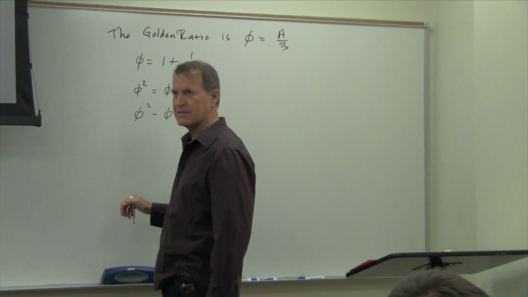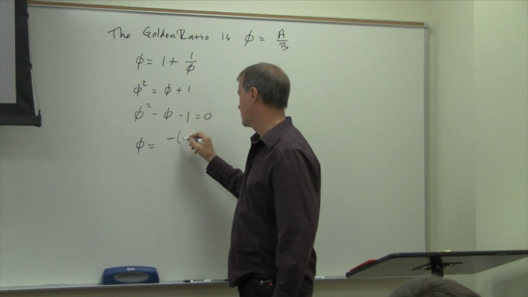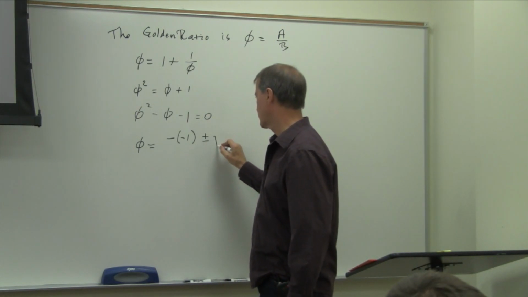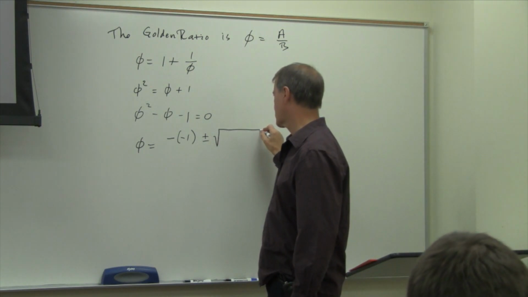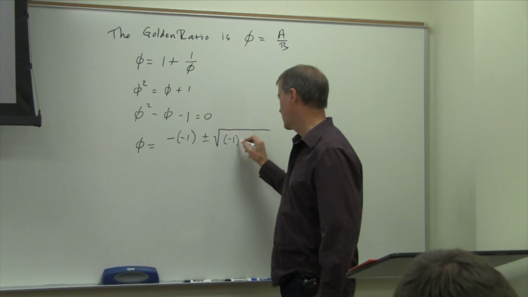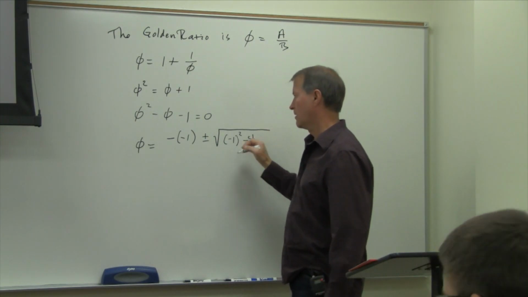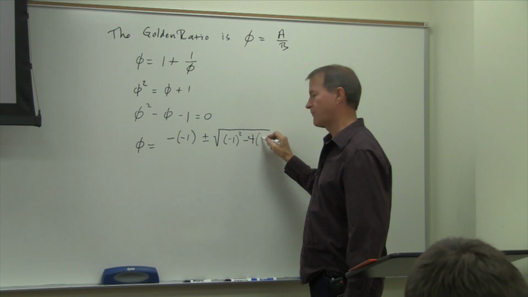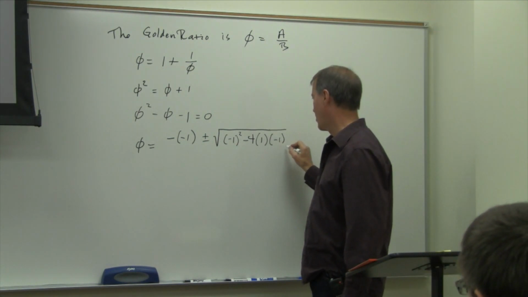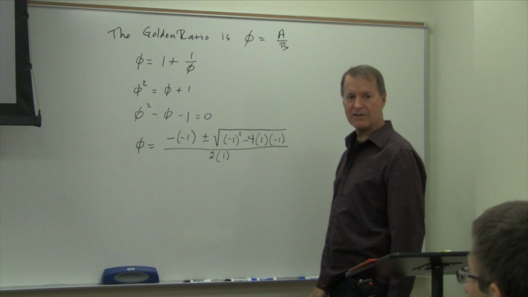Phi equals minus b, plus or minus the square root of b squared minus 4ac, all over 2a. What's b? Negative 1. So minus b, b squared is minus 1 squared, and a is 1, c is negative 1, so 4ac is negative 4, all over 2 times 1. Is everybody good?